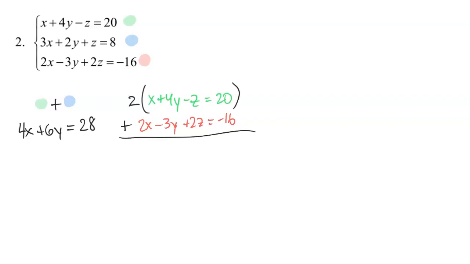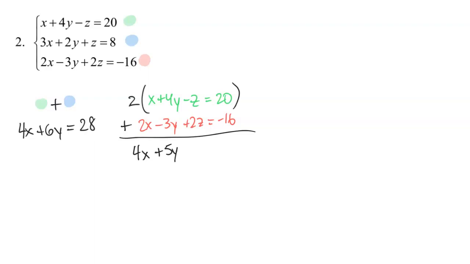When we do the arithmetic here, we're going to have 2 times x, which is 2x, plus 2x, which adds together to give me 4x. When I look at the y's, I'm going to have 2 times 4y, which is 8y, plus negative 3y. 8 plus negative 3 is positive 5y.